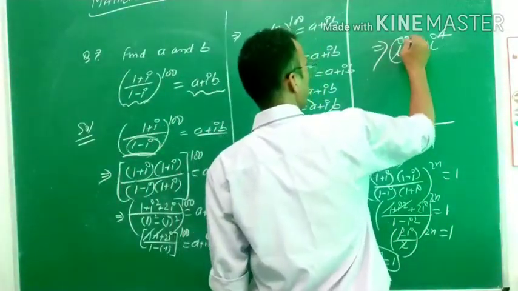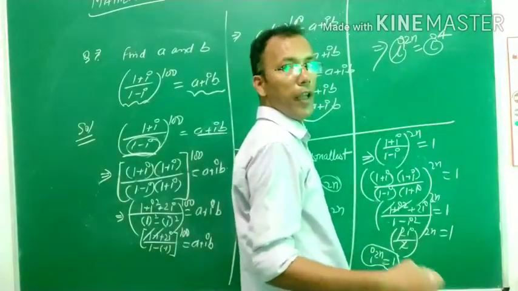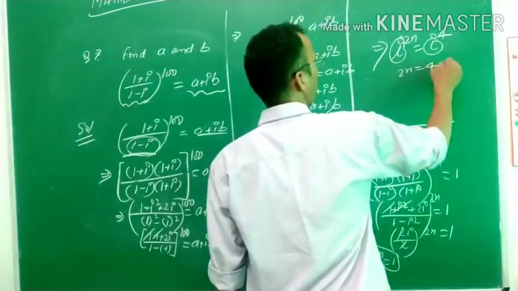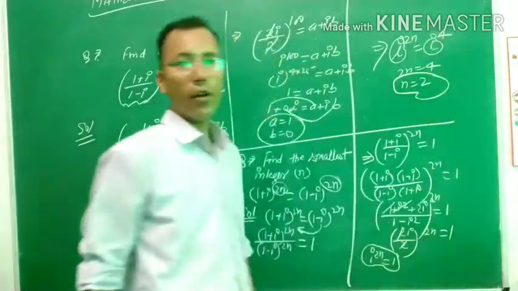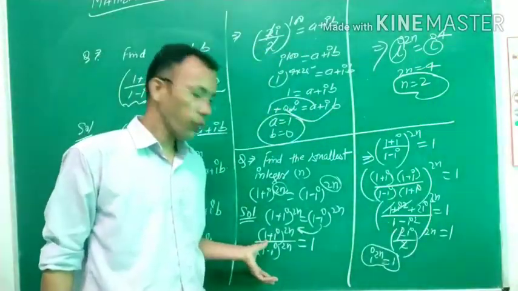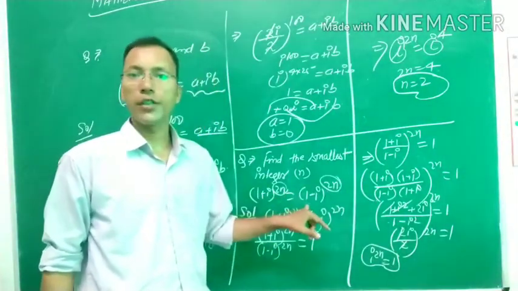Now the bases are the same, so the exponents must be the same. So 2n = 4, then n = 2. So n is the smallest integer, that means n = 2. If I put n = 2, then the left hand side equals the right hand side.